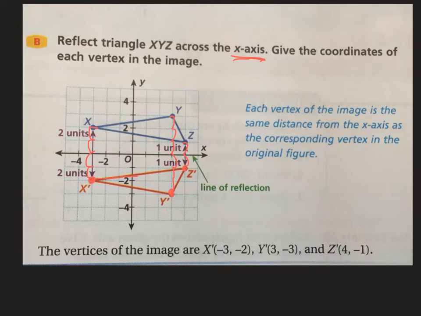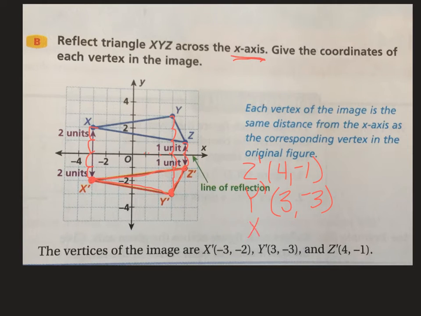Connect my dots. Okay, so this one, Z prime is at 4, negative 1. Y prime is at 3, negative 3.